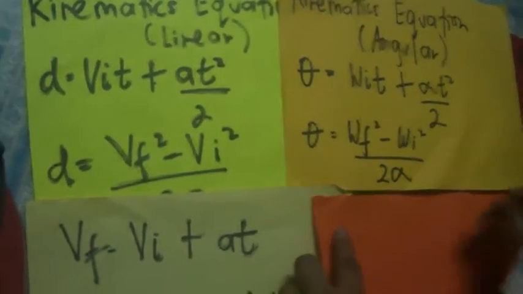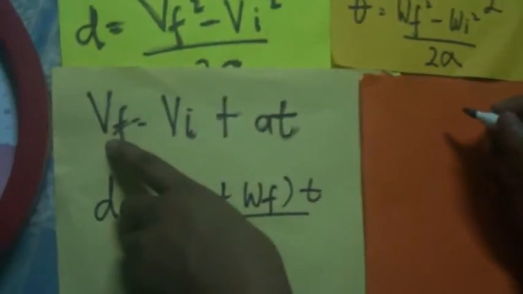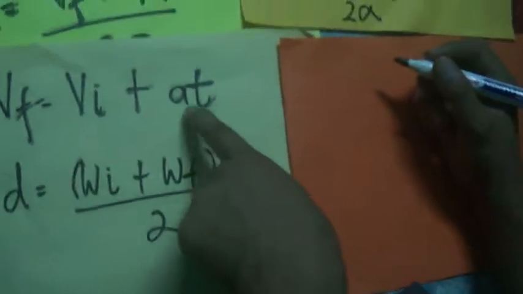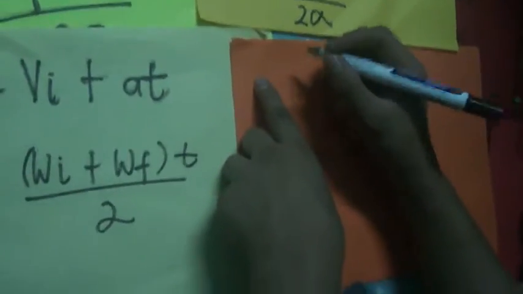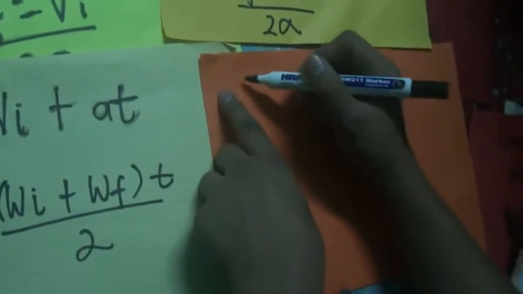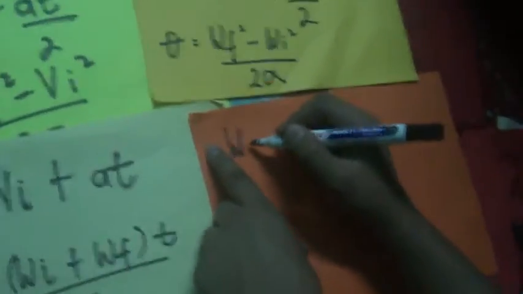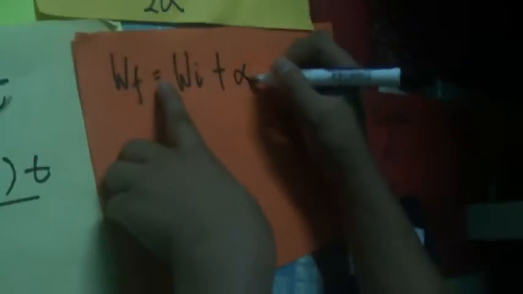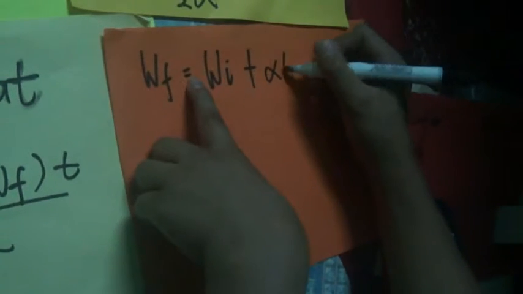Next would be this one: final velocity is equal to initial velocity plus linear acceleration times time. Its angular equivalent is final angular velocity equal to initial angular velocity plus angular acceleration times time.